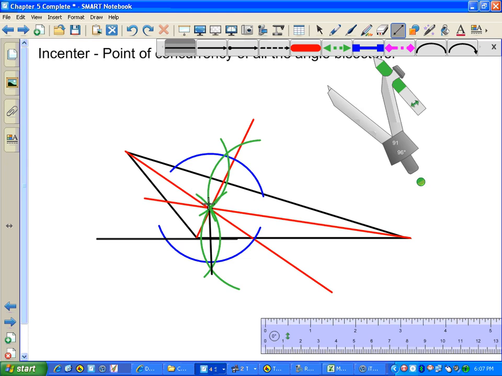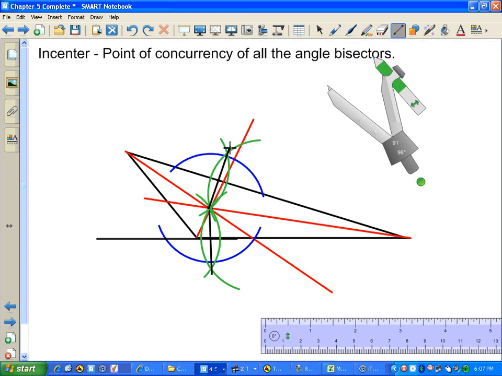Okay, so here would be another segment that connects perpendicularly. Okay, and so the distance from here, these two segments would be the same.